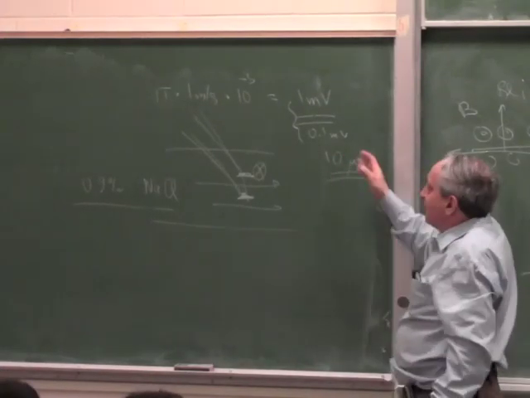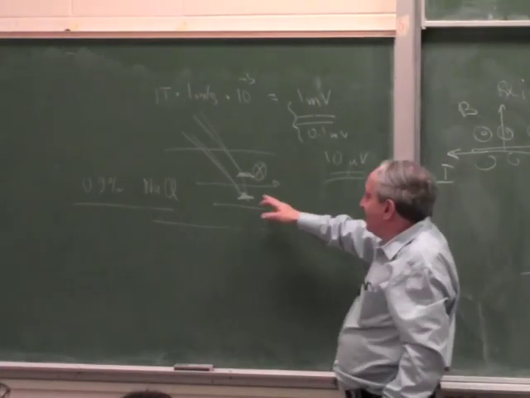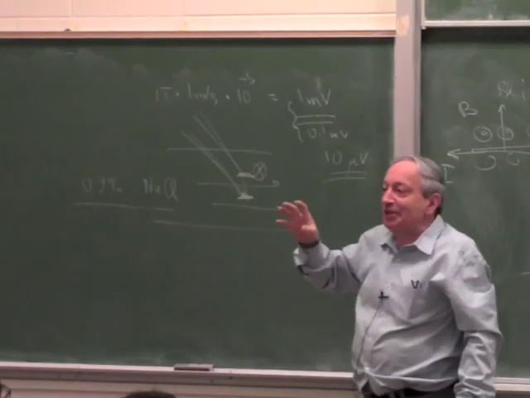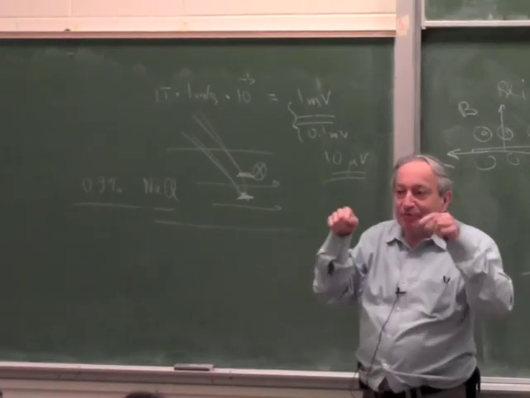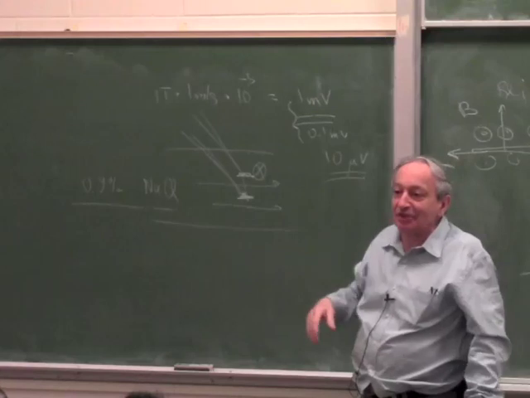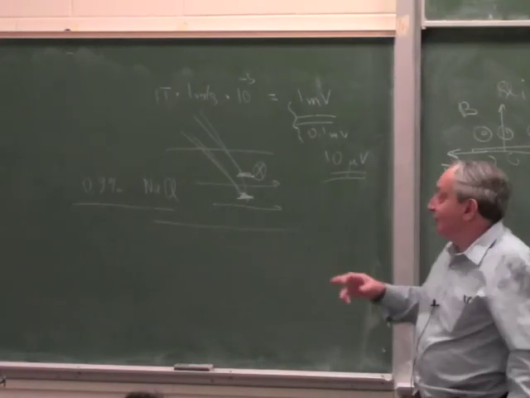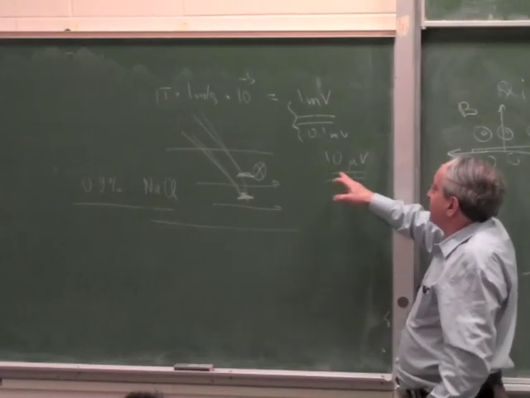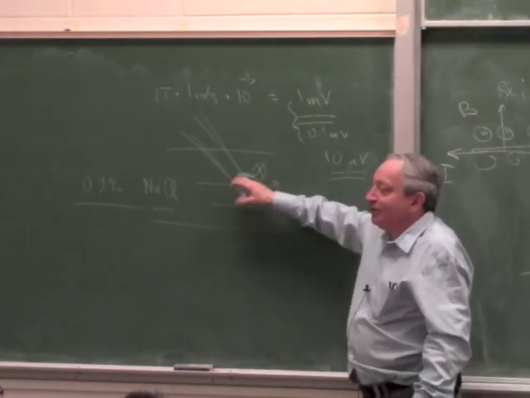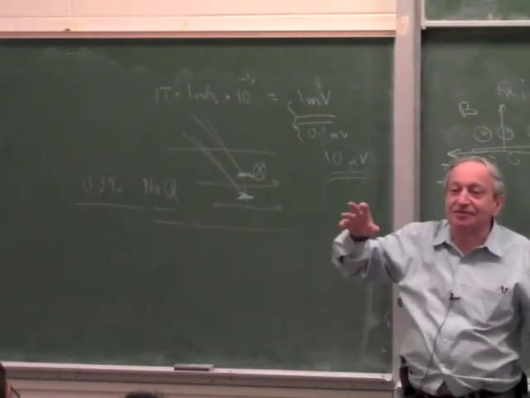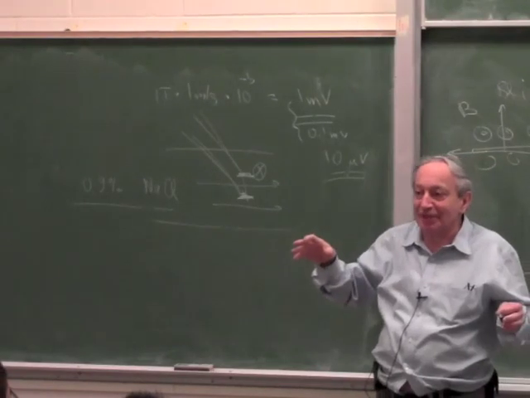So how do you measure 10 microvolts when you have battery effects which could be many millivolts? Because any 2 metals in blood will generate 100 millivolt. So all of you should know the solution by now.